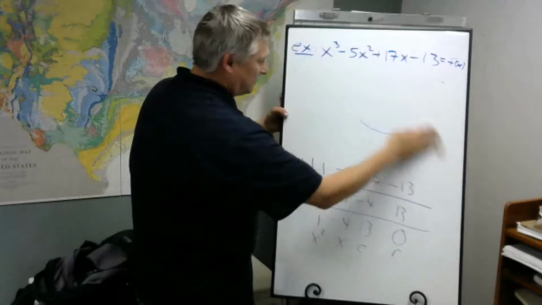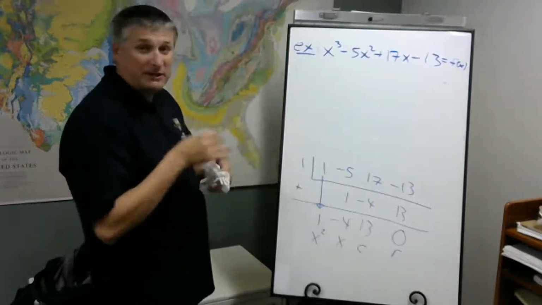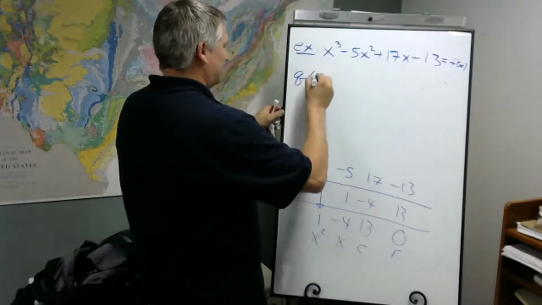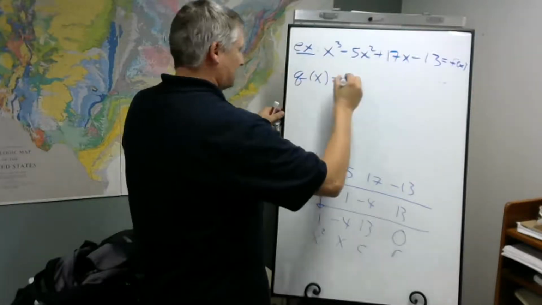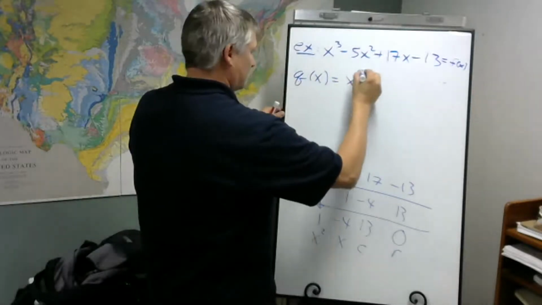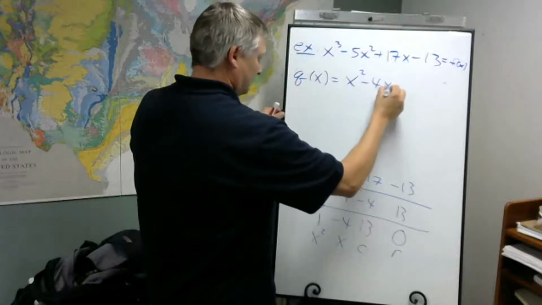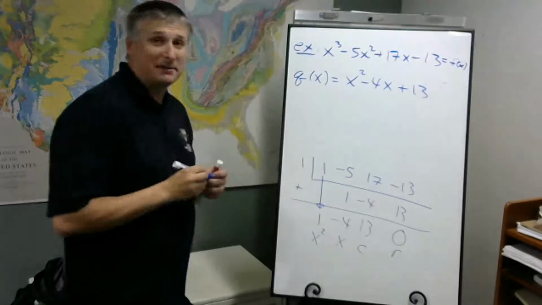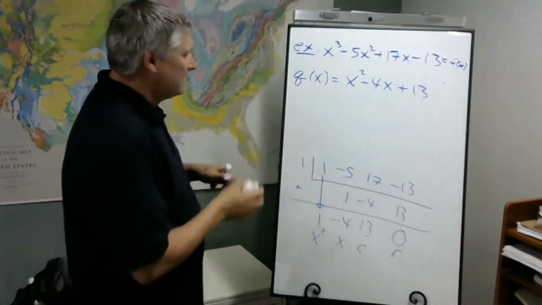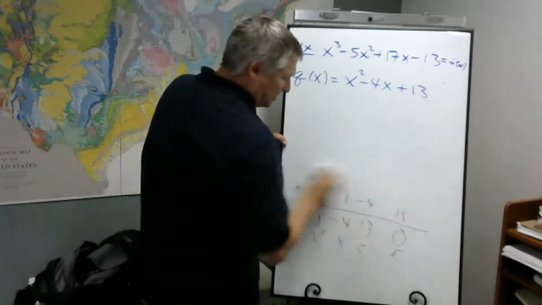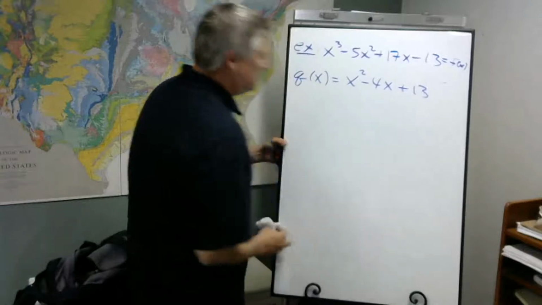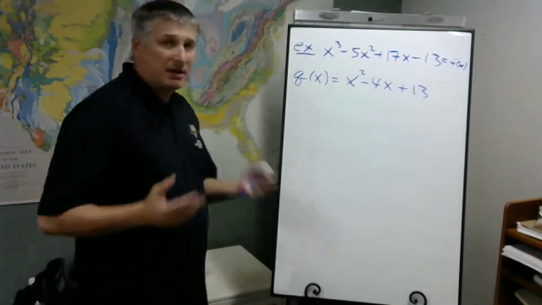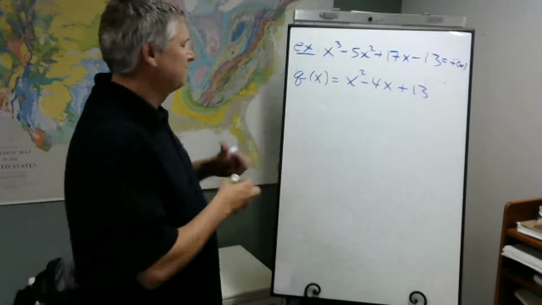So q of x, what we need to factor is going to be that. Now, if you try guess and check, you're not going to get anywhere with this one. We better use the quadratic formula.